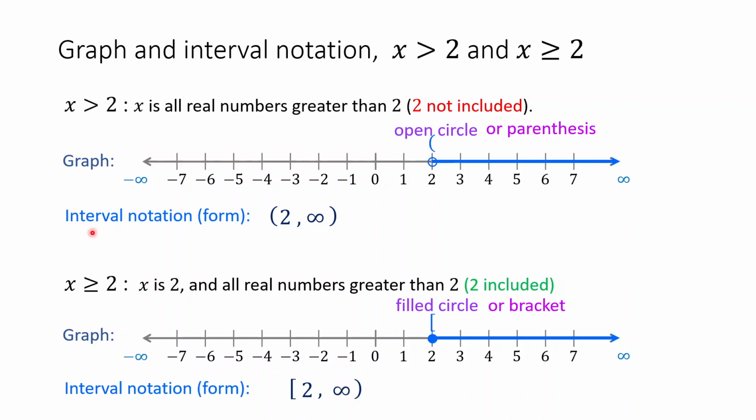So note that when you write in interval notation, if it is greater than, you put this as the first number, then the infinity. No equal sign, so you need to put parenthesis. Infinity, always parenthesis. So here there is an equal sign, so you need to put bracket.